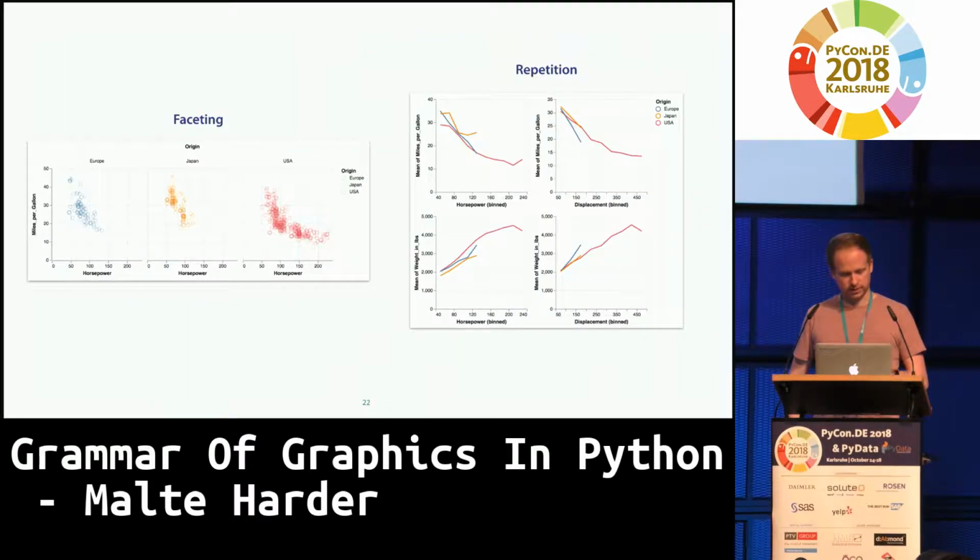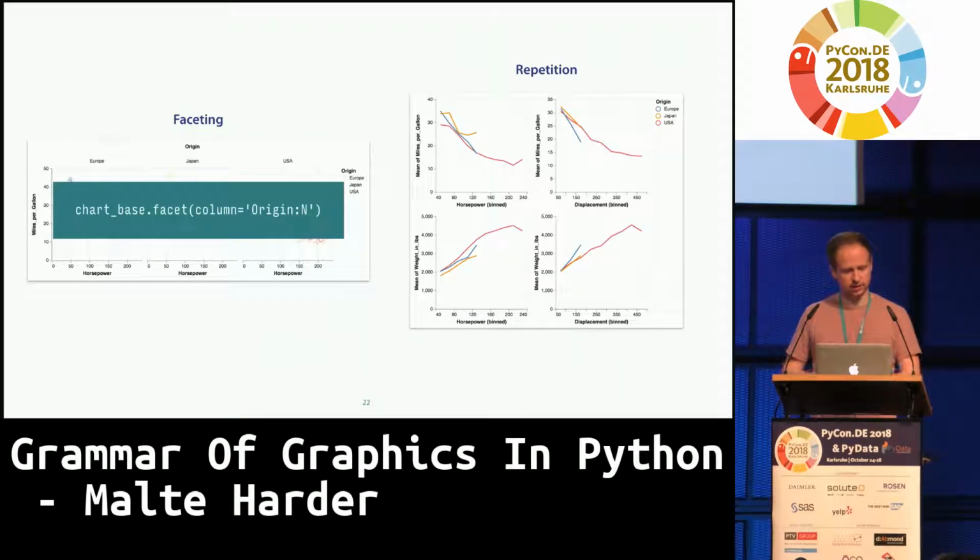There's also faceting, which is a typical thing you do. So you can here facet by origin as well, so that you get a plot for each value that you have in a column, which is then giving different colors there. Or repetition. Faceting is also very easy. You just call the facet method on it, say which column you want to use, and basically you get this plot out of it.